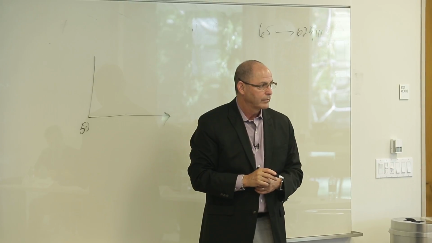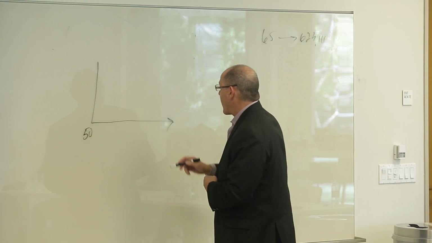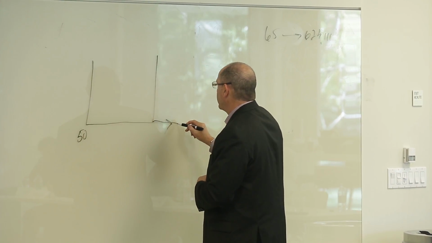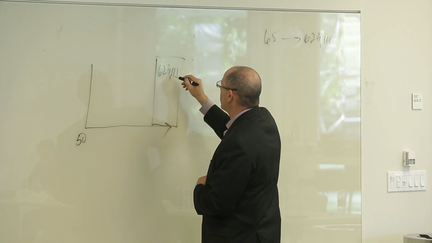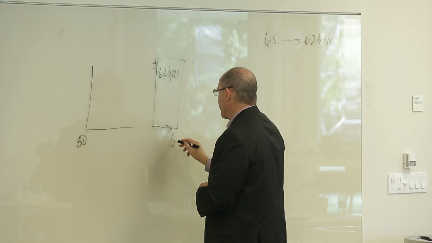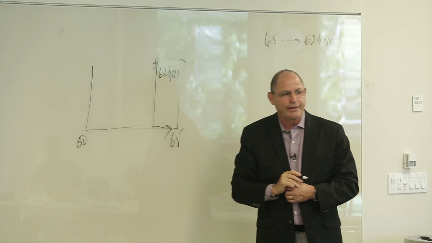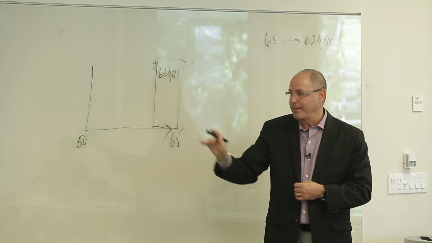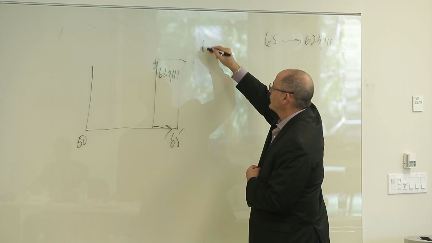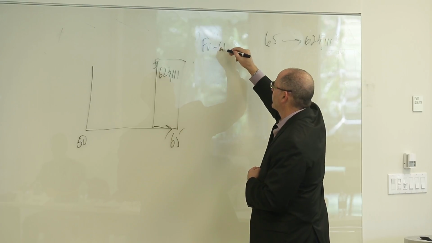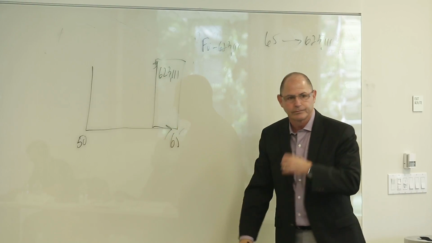Yes? Right. I know that I need to accumulate $623,111 at age 65. If it is on the right side of the time diagram, what is it? Future. So my future value is going to be 623,111.